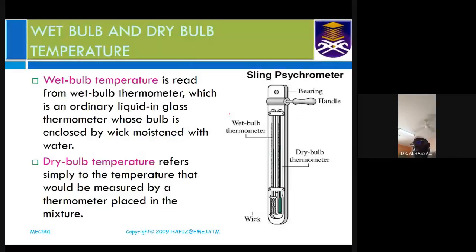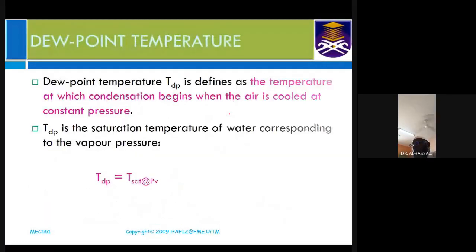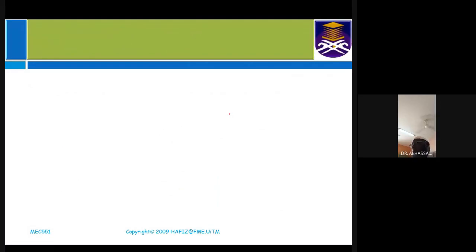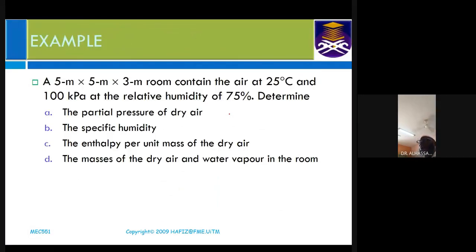So the question that we are going to discuss now: we have a 5 by 5 by 3 meter room containing air at 25 degrees Celsius and 100 kilopascal. 100 kilopascal is a pressure, and you cannot assume that this is atmospheric pressure.